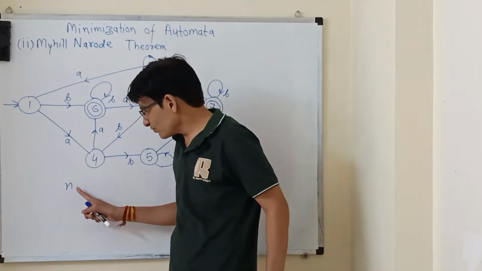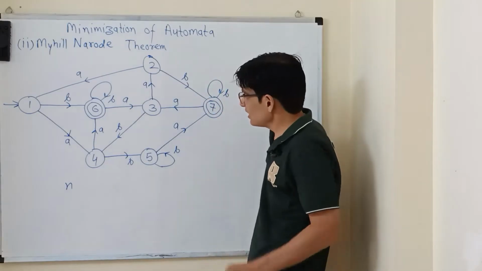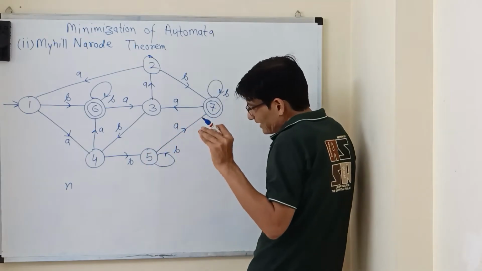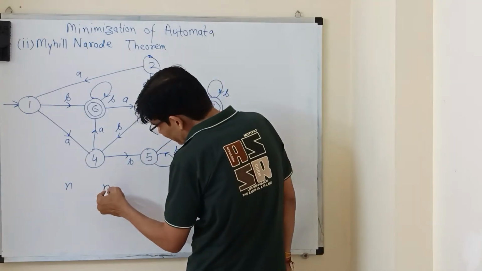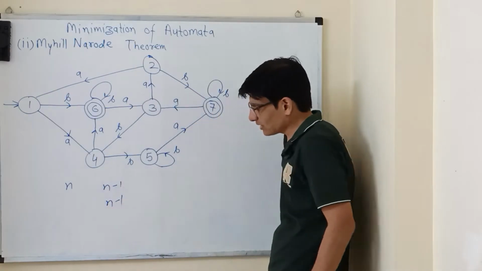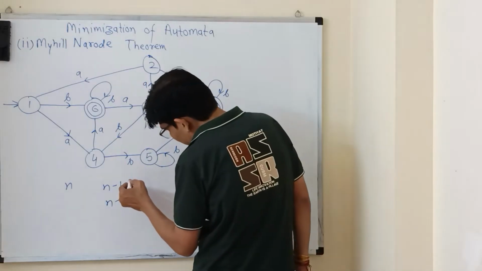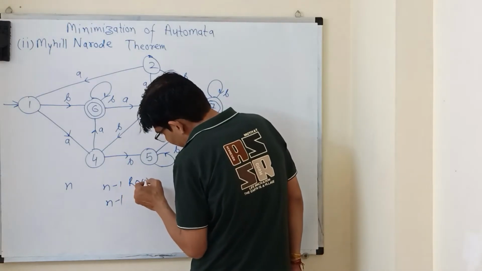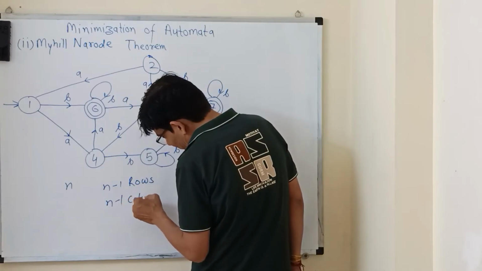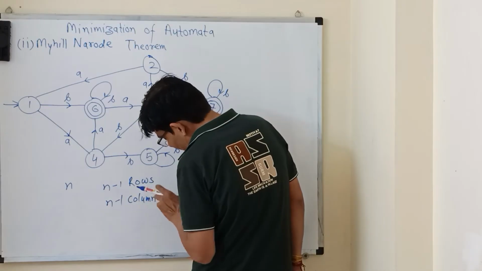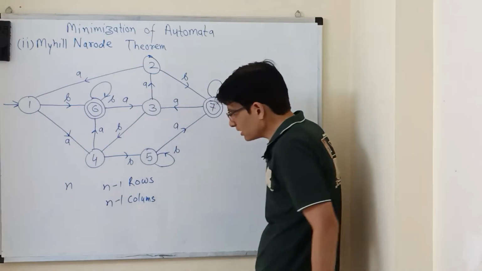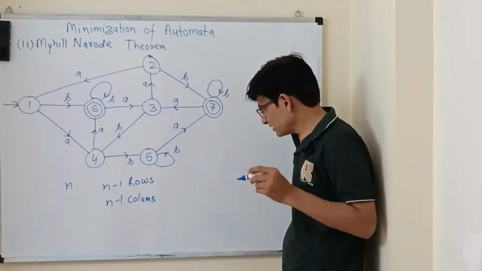Suppose for n number of nodes in the given DFA, in the table we create n minus 1 rows and n minus 1 columns. These are the specifications of the table. Now I will show you how to create this table.